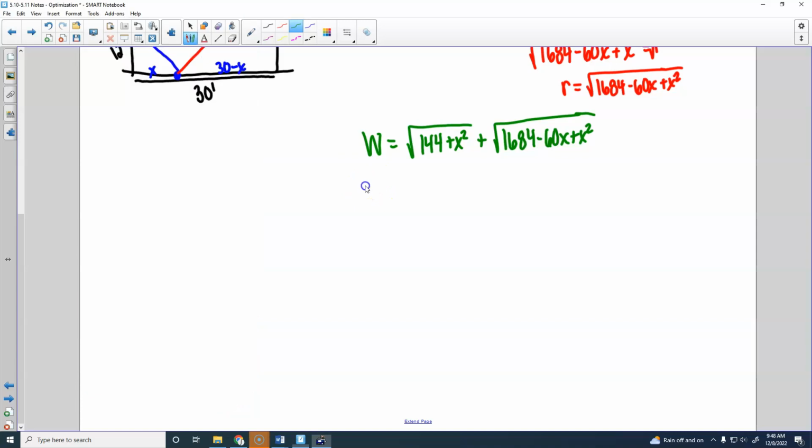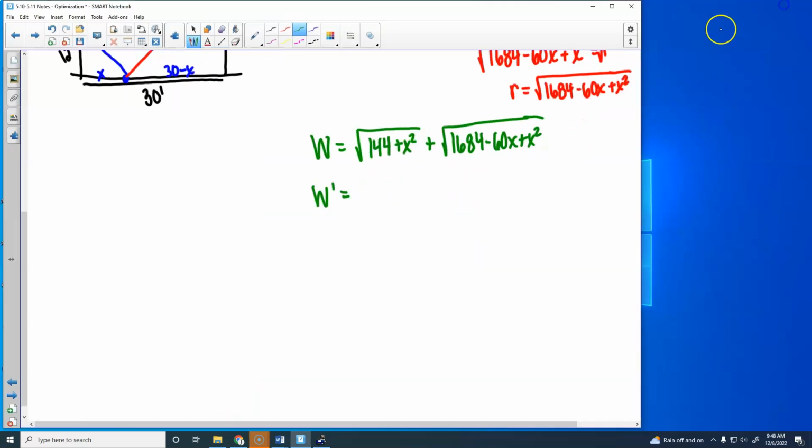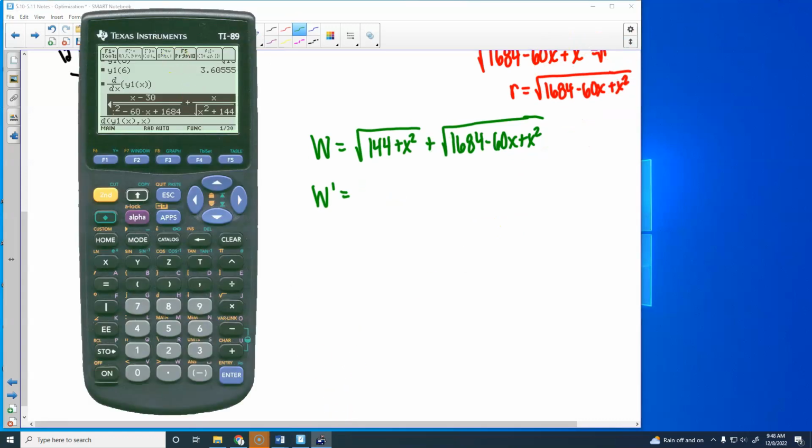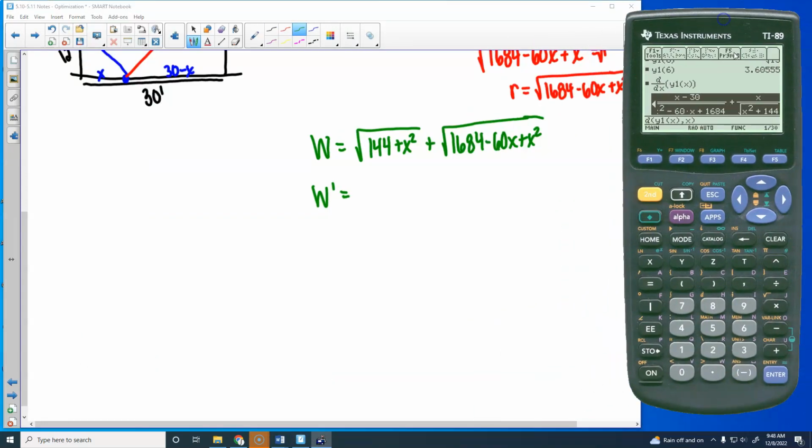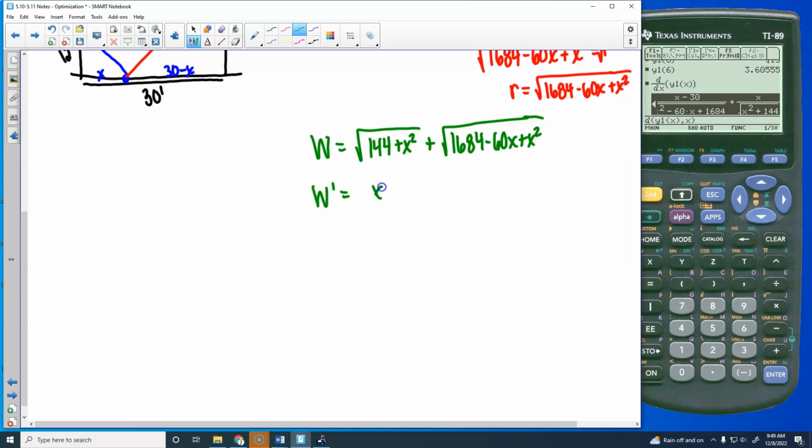So w prime is x minus 30 over the square root of x squared minus 60x plus 1684 plus x over square root of x squared plus 144.